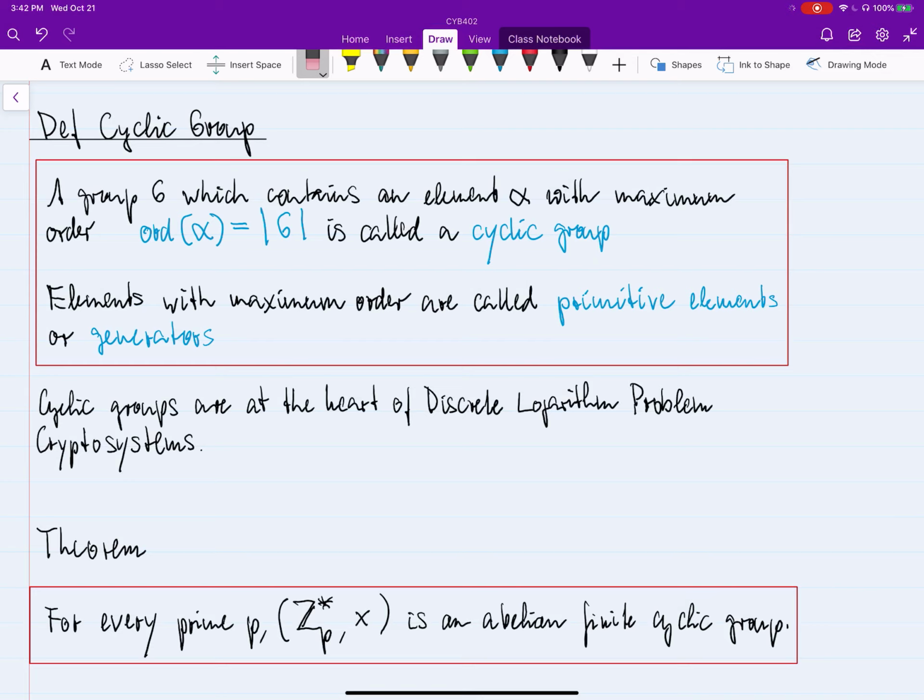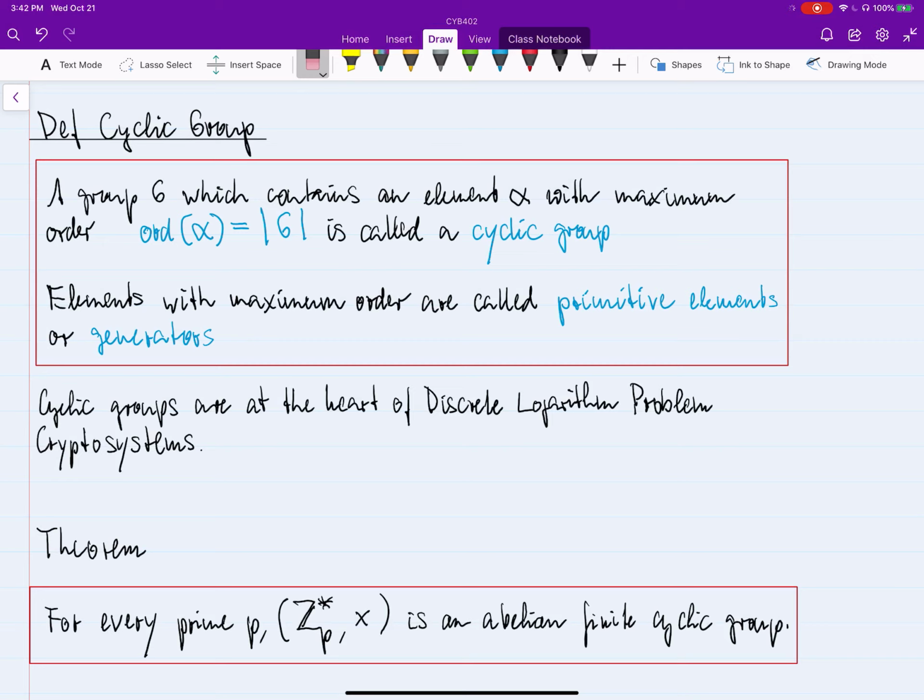And the other part of this definition is that we call such an element alpha a primitive element or a generator. So these are the same things. And remember, primitive elements, we had primitive polynomials in the LFSR, so you see some parallels here.